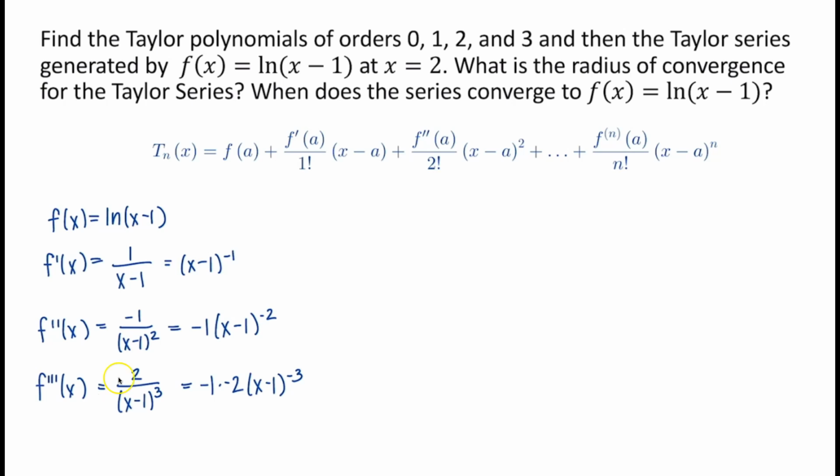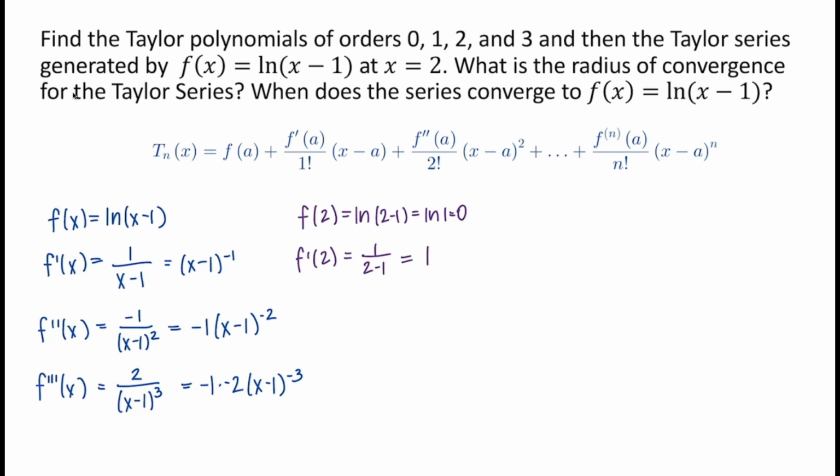So we have our at least first 3 derivatives going on here, and we need to evaluate them at a, the center, which is 2. So now let's go ahead and do that. So I'm going to have f of 2, that's natural log of 2 minus 1. Natural log of 1 is 0. Now f prime of 2, that's 1 over 2 minus 1.